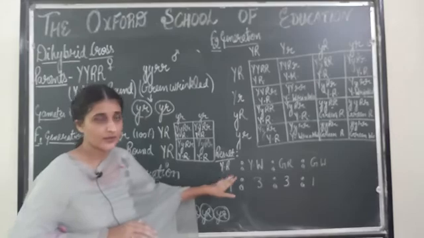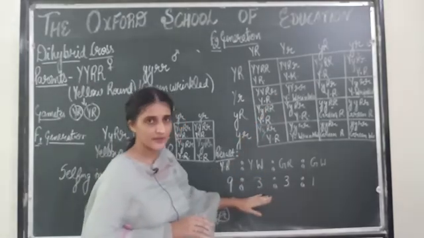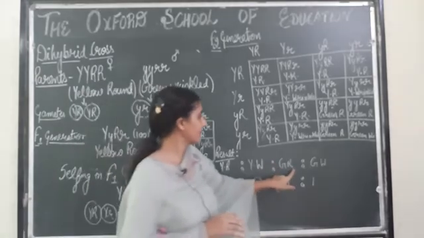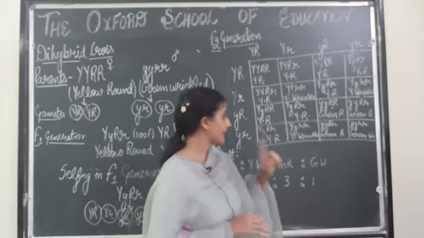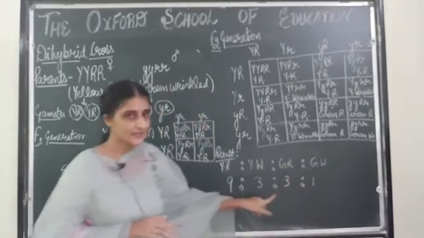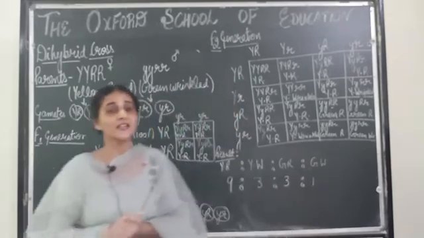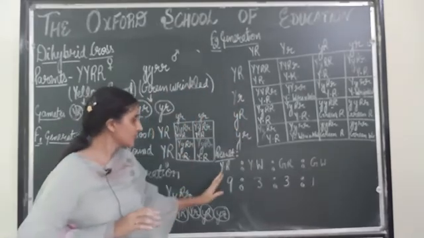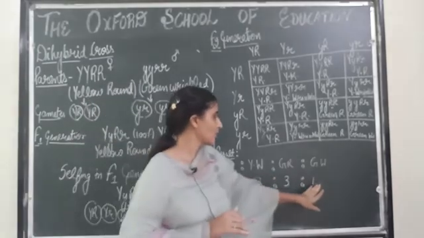In case of yellow wrinkled, the possibility is 3. In case of green round, again it is 3. And in case of green wrinkled, it is 1. So the ratio of the F2 generation is 9:3:3:1.